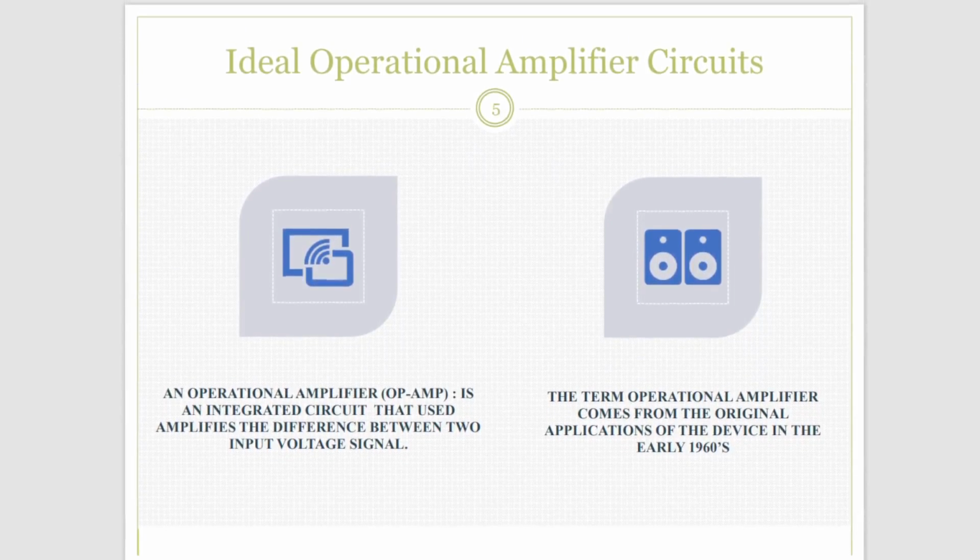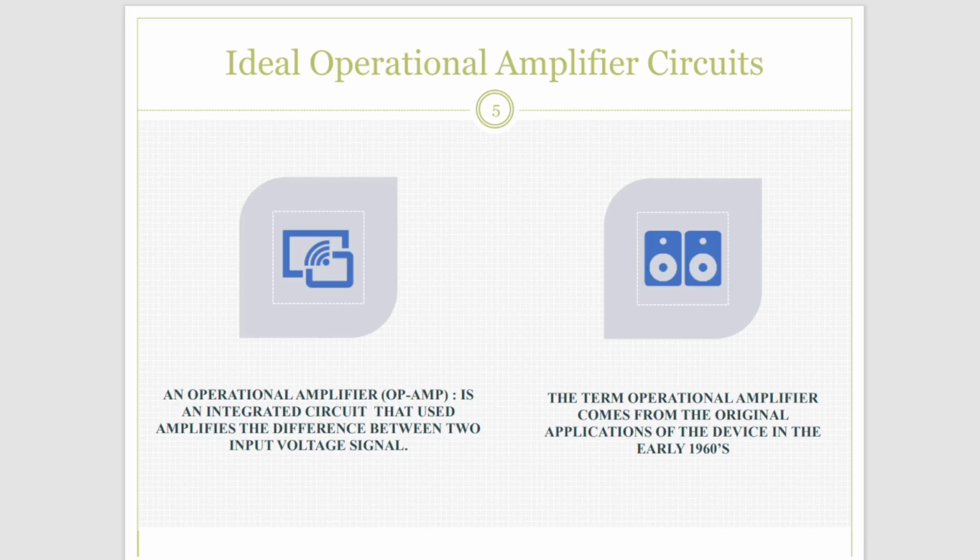So first, let's talk about the ideal operational amplifier. An operational amplifier is an integrated circuit that is used to amplify the difference between two input voltage signals. So that actually means that the operational amplifier is used to amplify the signal, okay, the difference between two input voltage signals.